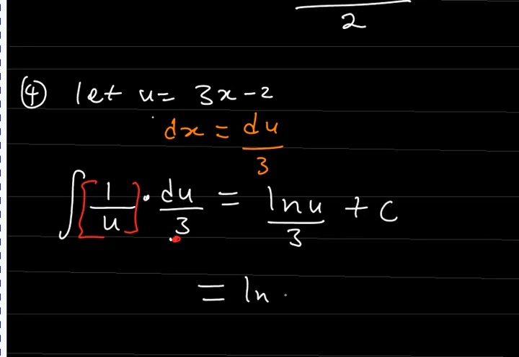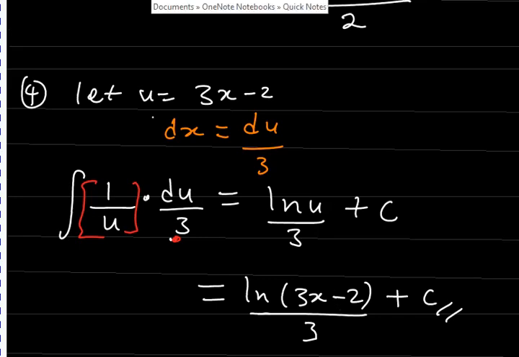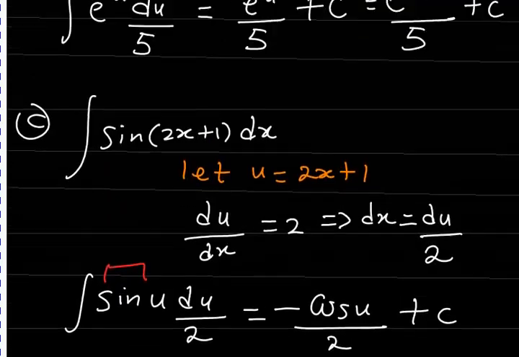So this is going to be ln of 3x minus 2, of course, divided by 3, plus c. Okay, so that's just by the way.